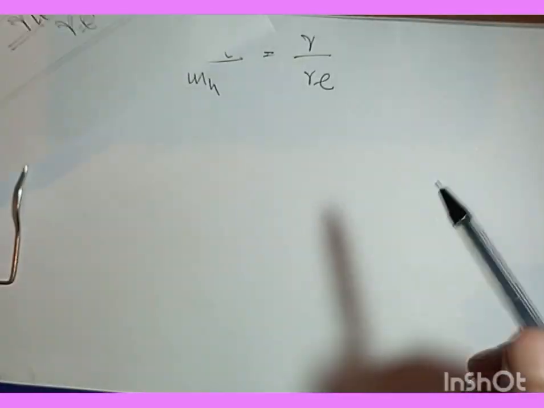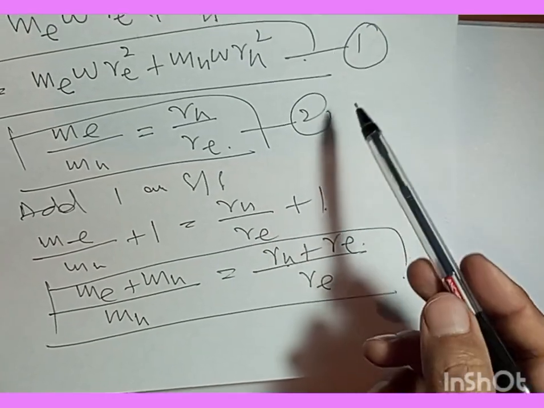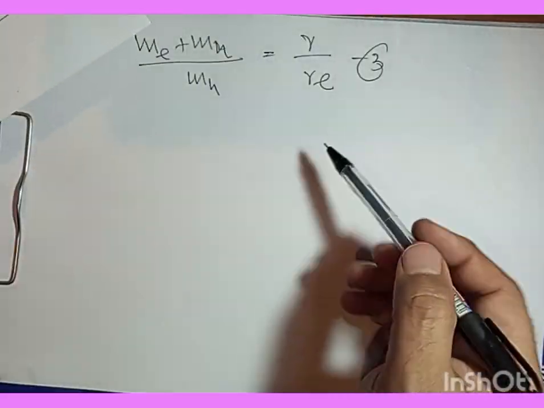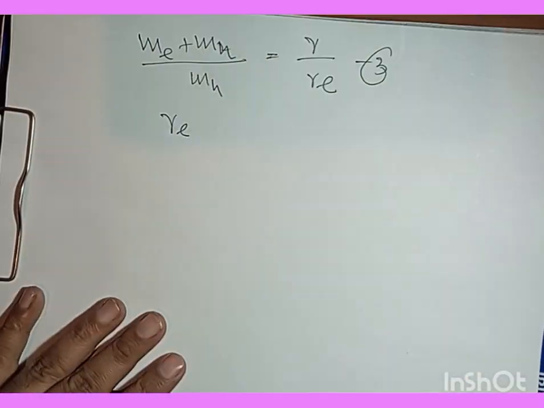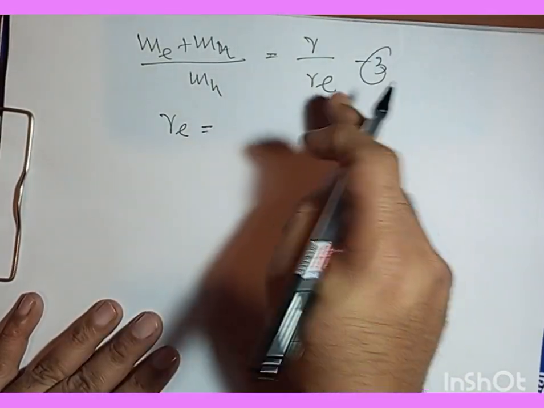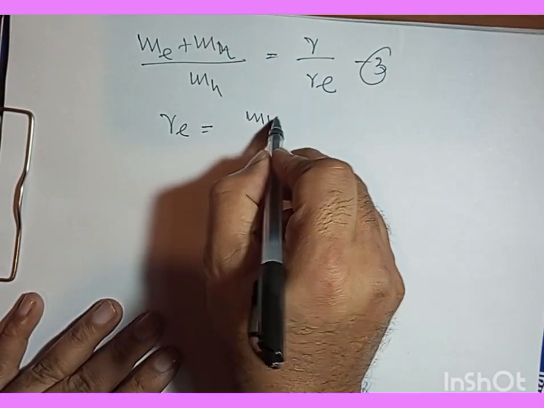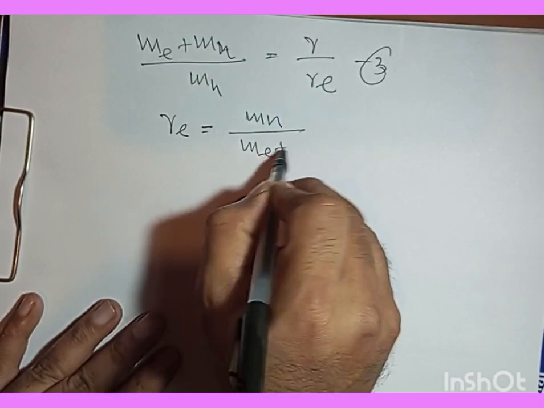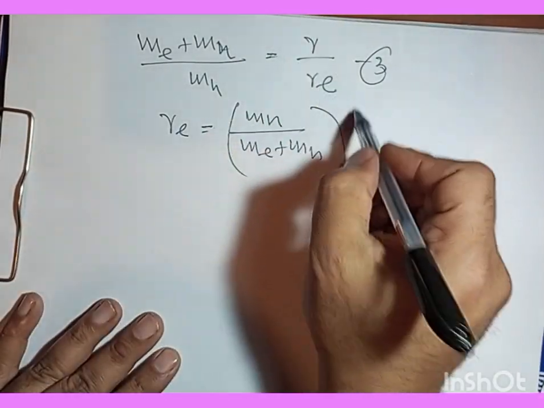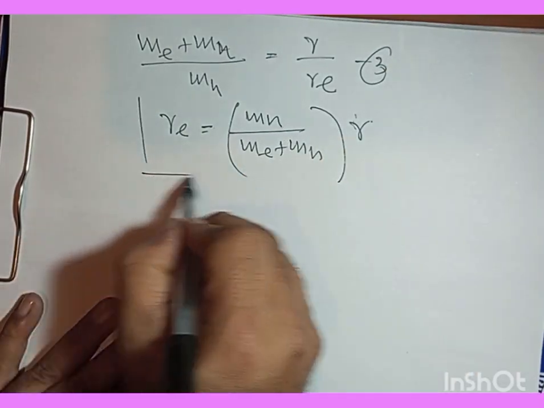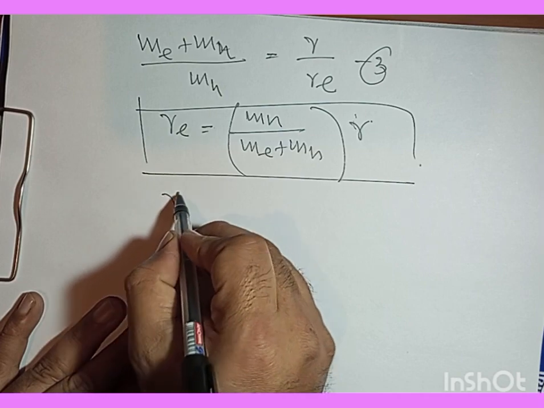Okay, so now what would I do? I'll call this 3, and I'll substitute this 3 in my equation 1. And similarly, what will I get? Here I have basically Re. Let me write down that Re first. So Re will be Mn divided by Me plus Mn times R. Similarly, what will be my Rn?